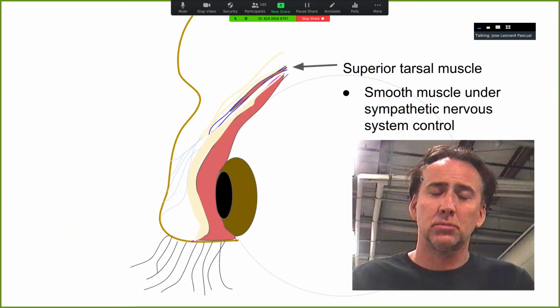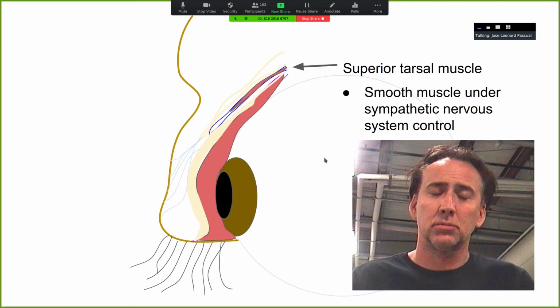So what's the anatomical basis for this? Aside from that levator palpebrae superioris, there is also a thinner muscle beneath it called the superior tarsal muscle. It's an accessory to your levator palpebrae superioris, and this one is under sympathetic nervous system control. So what does it do?